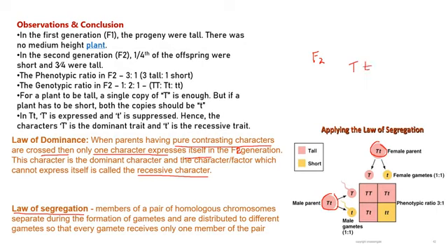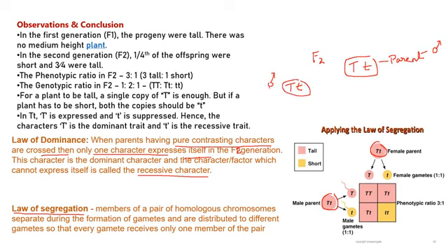This is the genotype of a parent. Let's take this parent as the male parent, so I'm going to represent it with this sign. And what about the genotype of the female parent? That is also capital T and small t, and it will be represented by this sign.